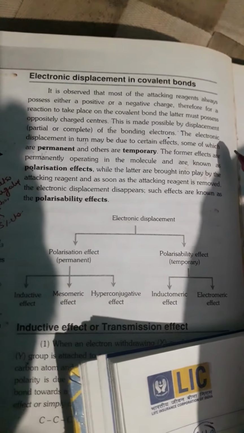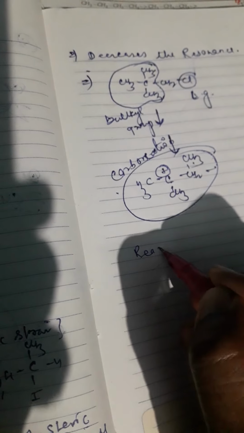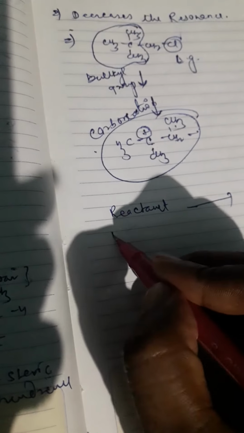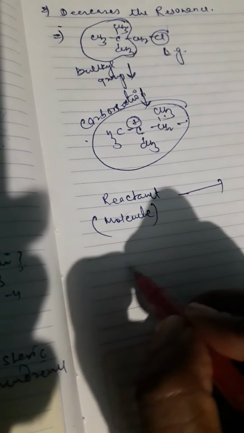So actually, suppose that this is the reactant. Okay, reactant means this is the molecule. Okay, this is the reaction. In this, suppose that a reaction proceeds, in which the reactant is converted to product.